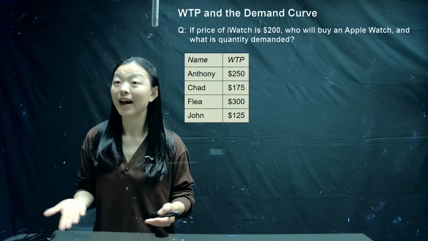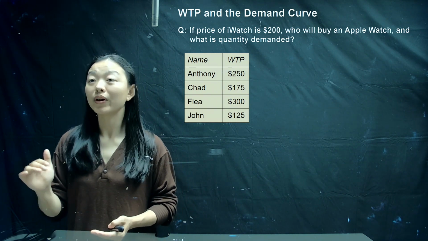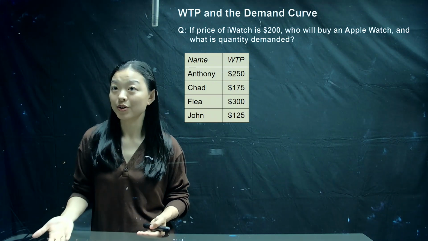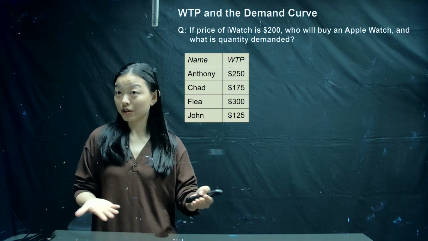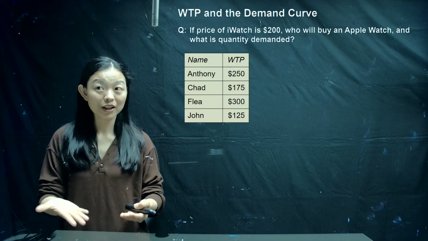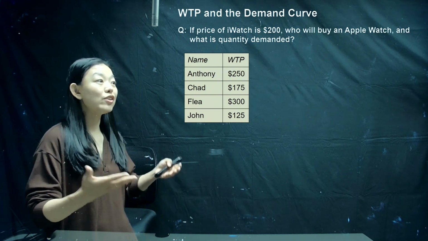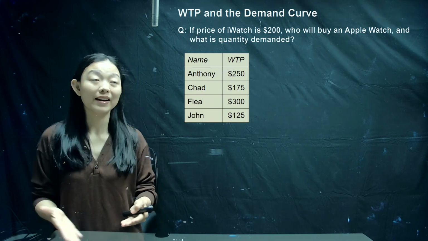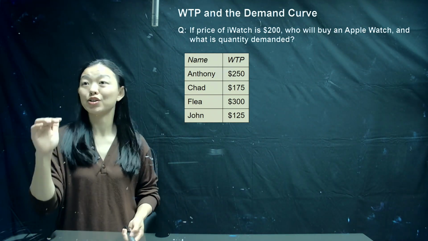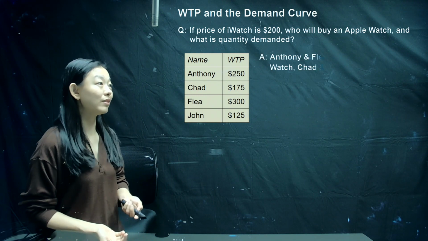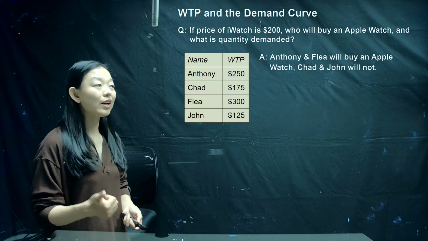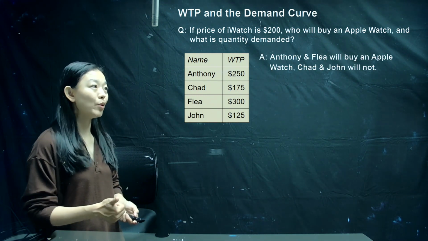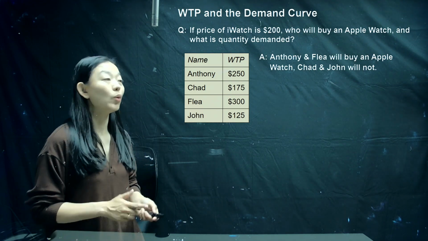Of course, Flea will buy the Apple Watch because his willingness to pay is $300, right? And the market price is $200. Therefore, Flea would buy an Apple Watch, and John would definitely not. He will not buy the Apple Watch if the market price is $200, right? So based on this, we can say Anthony and Flea will buy an Apple Watch, Chad and John would not.